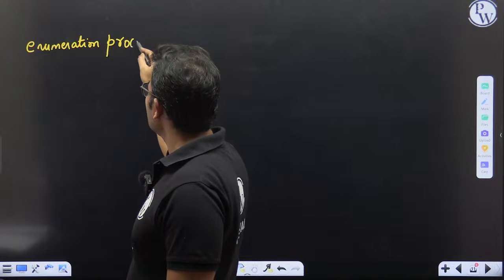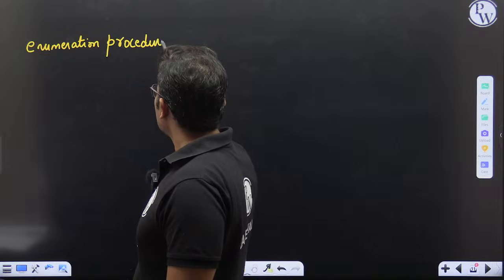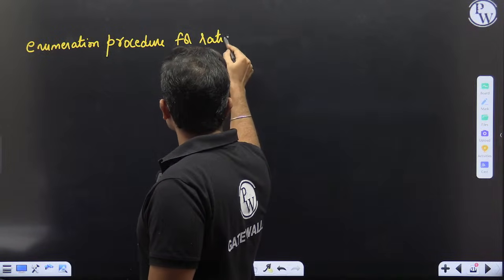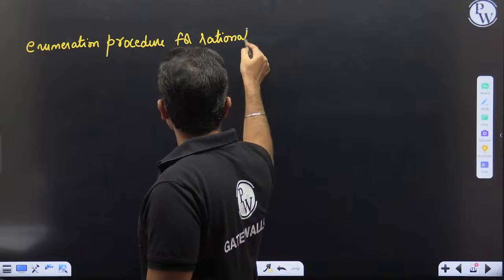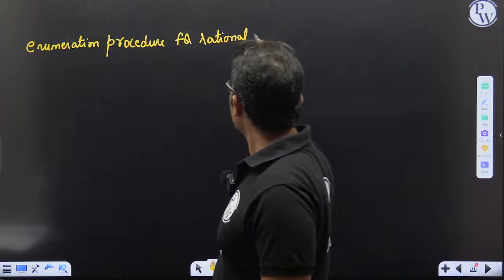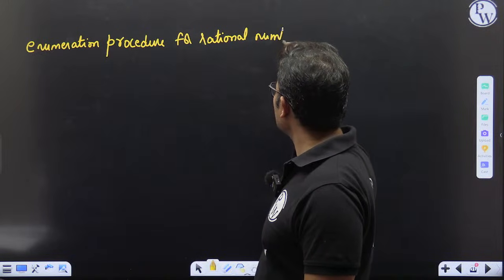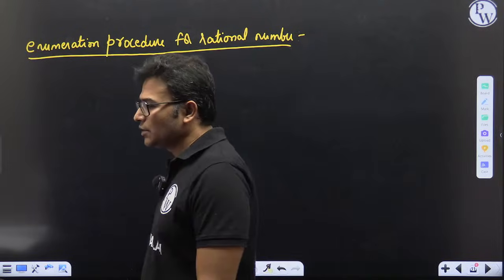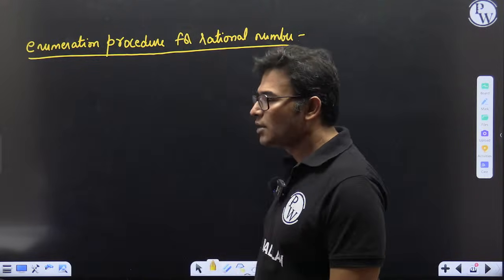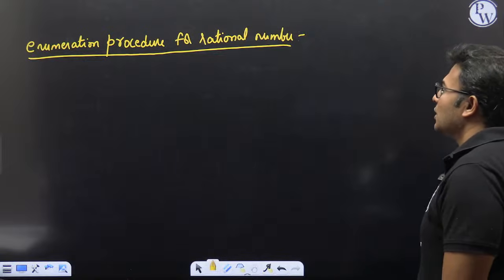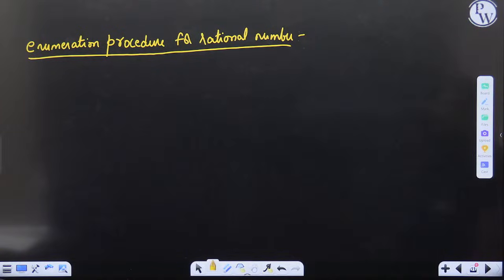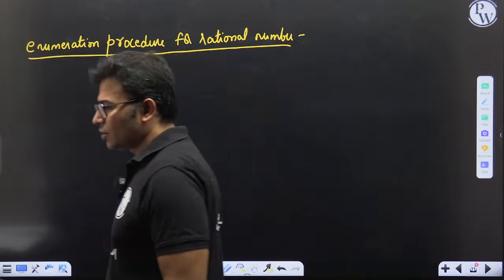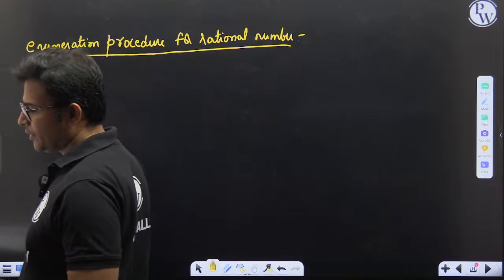If we can give an enumeration procedure for rational numbers, then we can say that rational numbers are countably infinite.